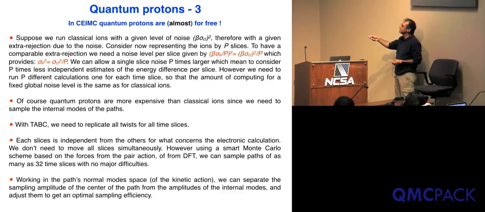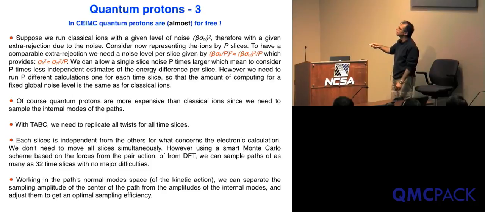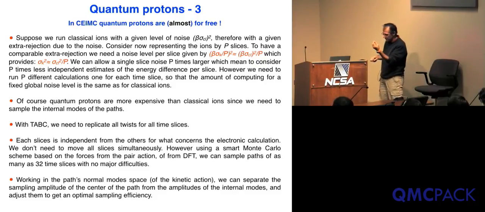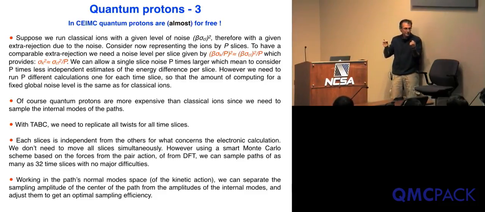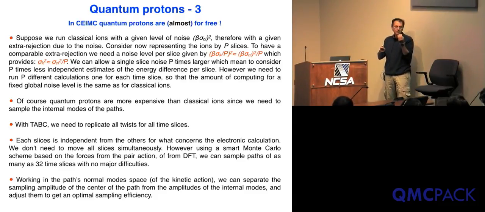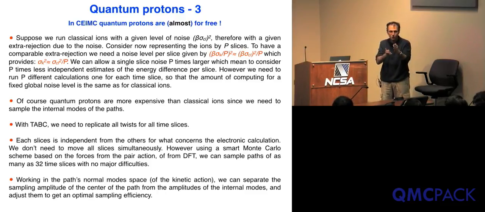And now, if this is a fixed number, you see that the noise on each time slice that you can use is p times, I think here there is an error. Okay, so what I want to say is that the noise for each time slice could be p times larger than the equivalent noise for the classical particle. So you have to run p different electronic calculations, but for p times shorter.